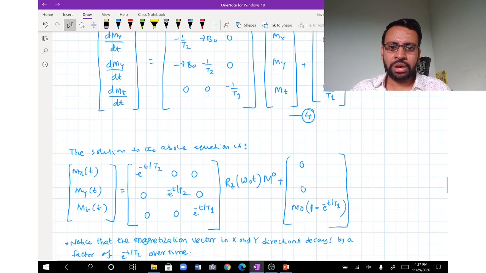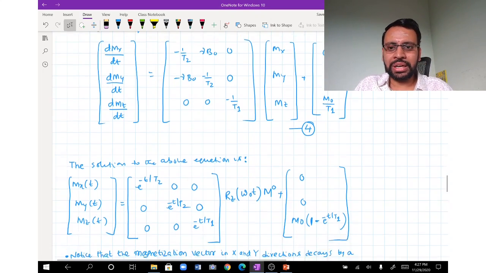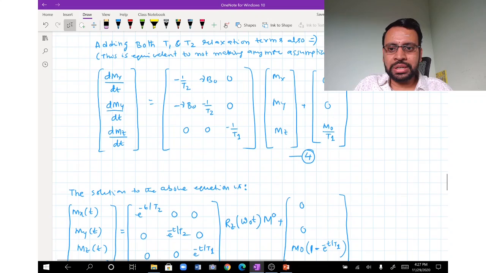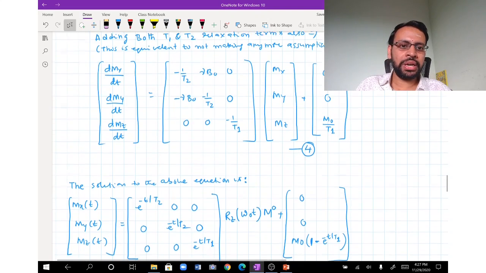So with that, how do you find the solution now? See, if you ignore these terms which are there diagonally, as well as if you ignore these terms, you already have a solution. So this matrix you could in fact write as a multiplication of two matrices, and then you could solve them out, which would eventually give you e power, if you write it for mx, my, mz expressions, that matrix will have only diagonal elements with values e power minus t by T2, e power minus t by T2 and e power minus t by T1.